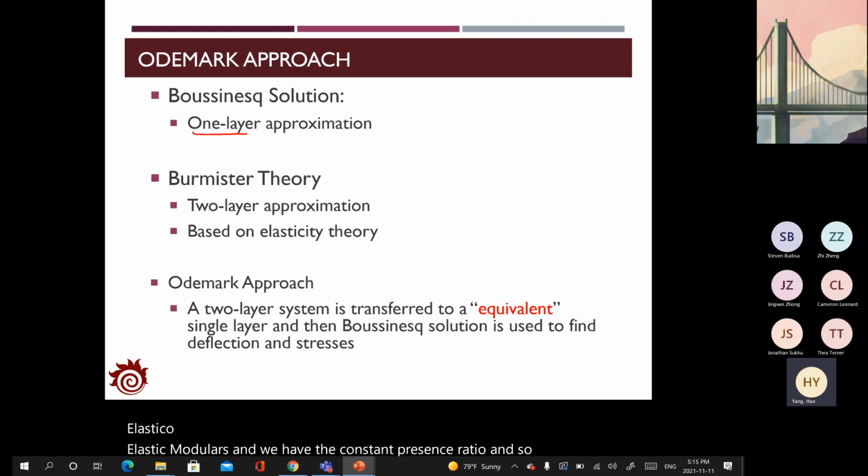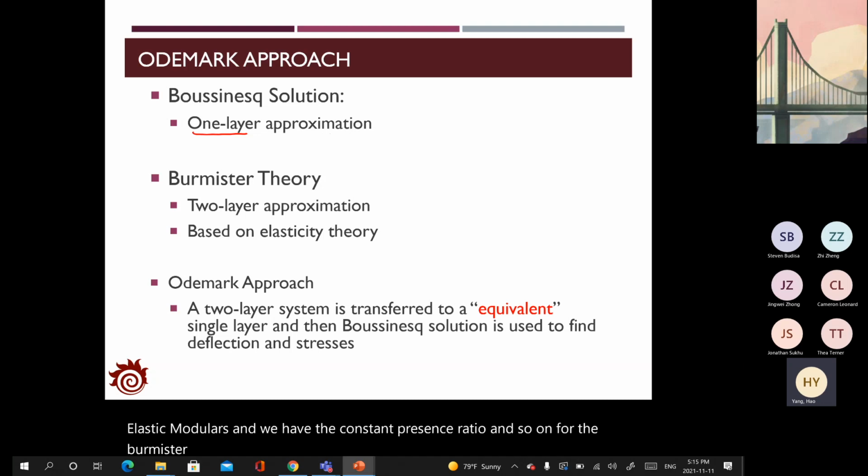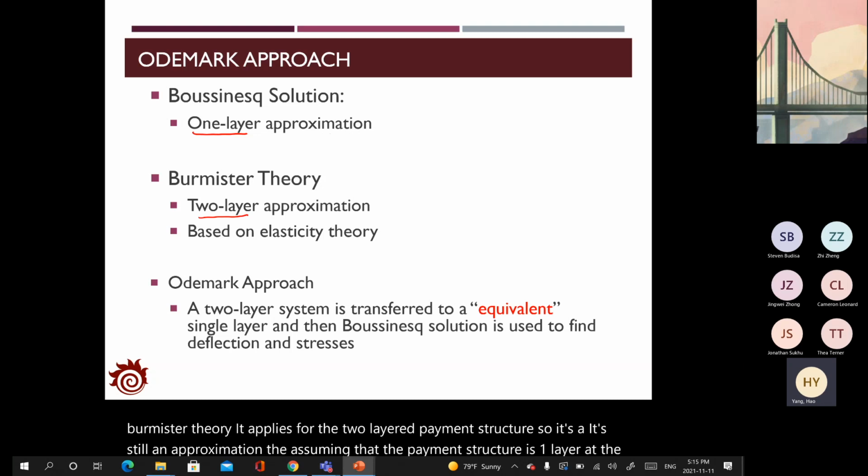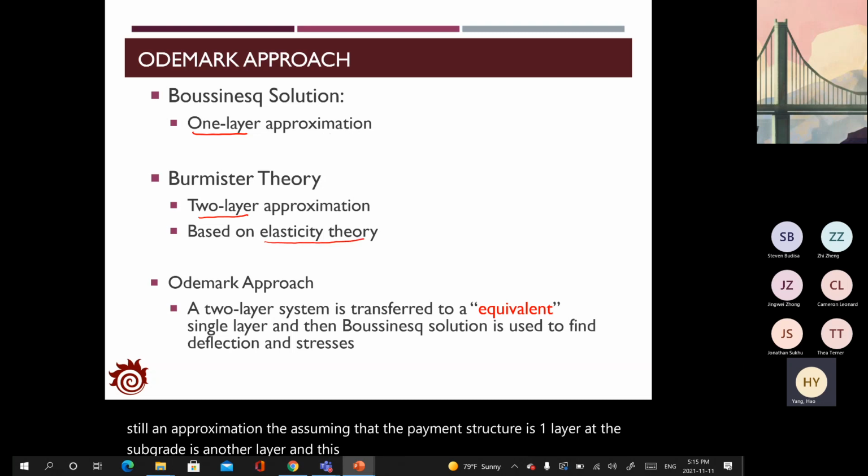For the Burmister theory, it applies to a two-layered pavement structure. So it's still an approximation. Assuming that the pavement structure is one layer, the subgrade is another layer, and this is estimated based on the elastic theory.